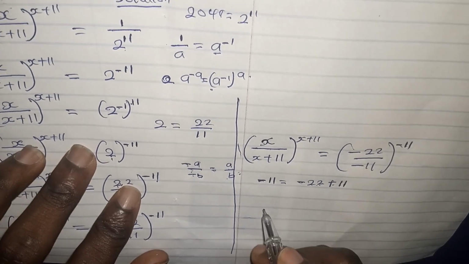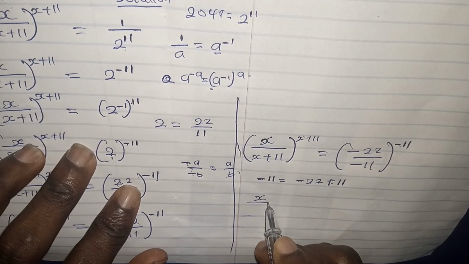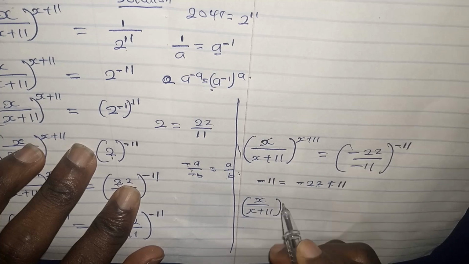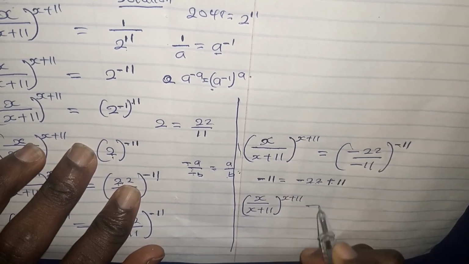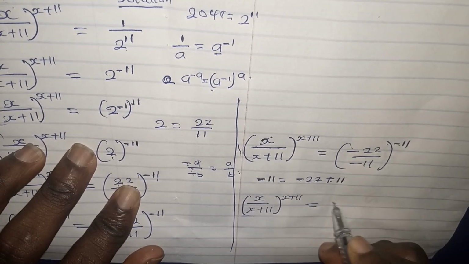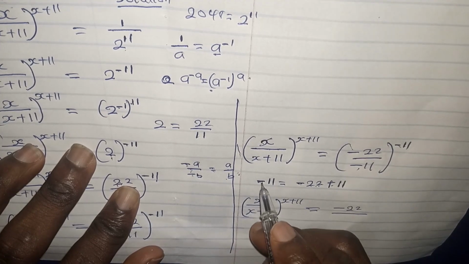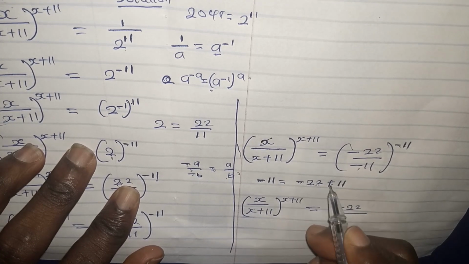So what are we simply going to do? We can say (x over x plus 11) to the power of x plus 11 is equal to negative 22 over, we're having a negative 11, and negative 11 is equal to negative 22 plus 11.